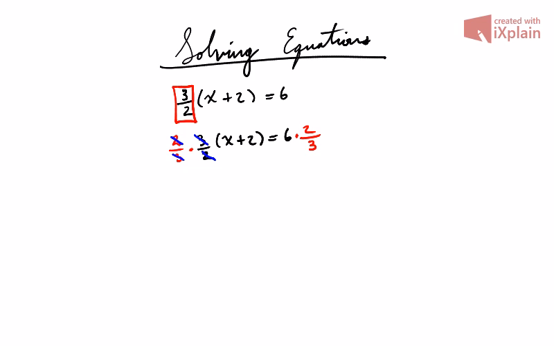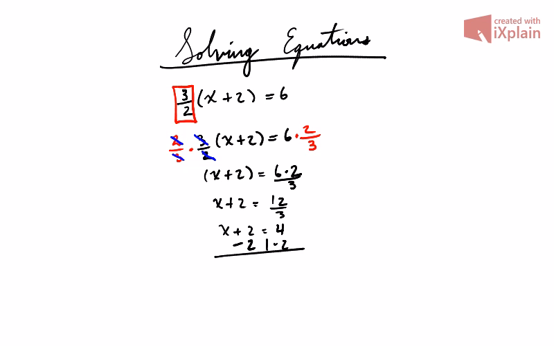And you're really left with x plus 2 equals 6 times 2 divided by 3. If you do 6 times 2 divided by 3, you get x plus 2 equals 12 divided by 3. x plus 2 equals 4. Subtract 2 from both sides of the equation, and you get x equals 2.